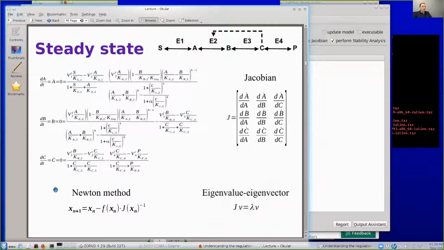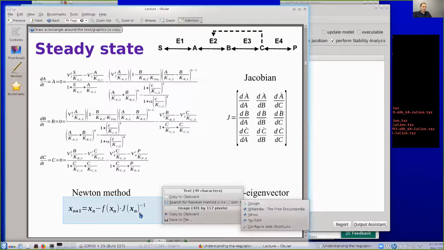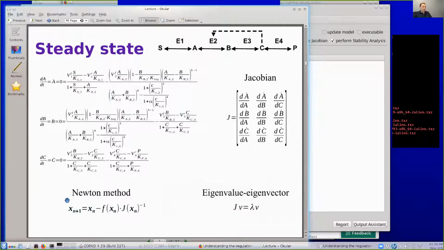And Newton, way back then, developed a method to solve these equations, which is essentially based here. These are vectors. So the vector x_{n+1} is closer to the steady state, or some people call it equilibrium. Because I'm from biochemistry and chemistry, equilibrium has a very specific meaning. It's a special steady state, so I normally like to call it steady state.